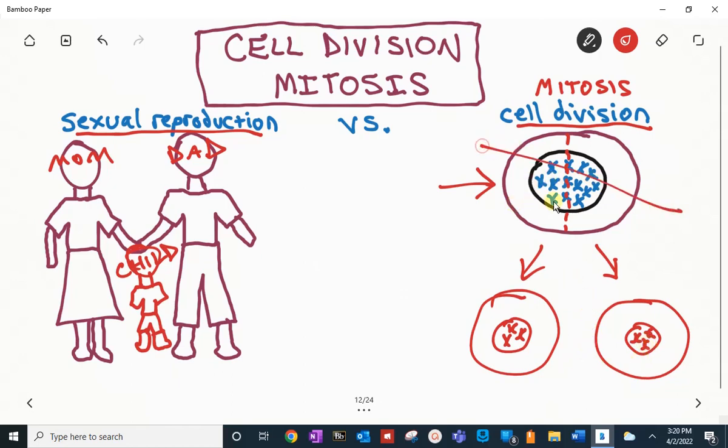The original cell is gone, and instead, this original cell had split into two, and now there are two new cells called daughter cells in place of the first original cell. Okay, so that's the difference between sexual reproduction and cell division.